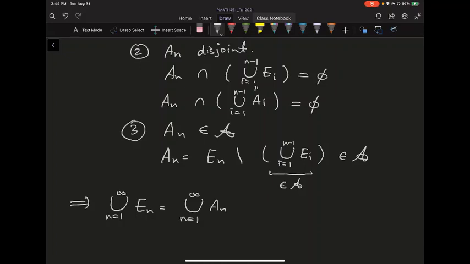We know by the assumption that this algebra is closed under taking disjoint unions, so this one is in A. This is by the assumption. So we showed that A is now closed under taking countable unions. So A is a sigma algebra.